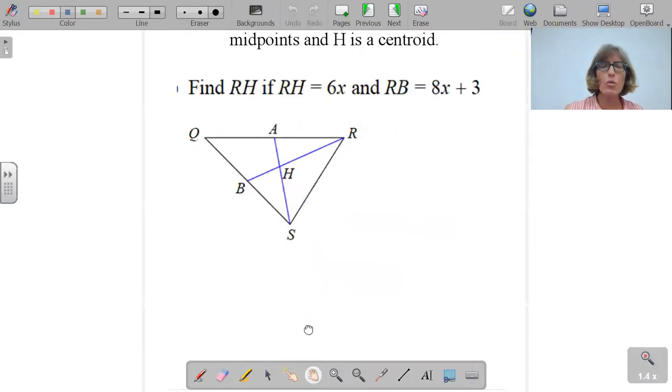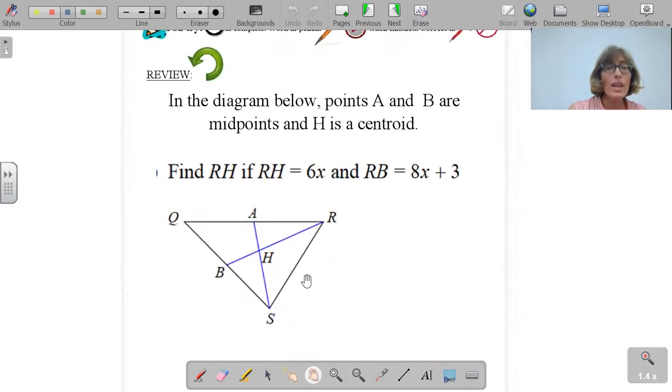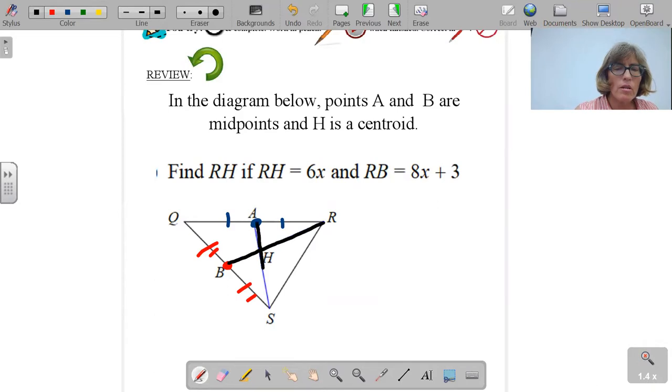Before we do that, let's recap our centroid here. In the diagram below, points A and B are midpoints, which makes R to B and S to A medians, which makes H a centroid.